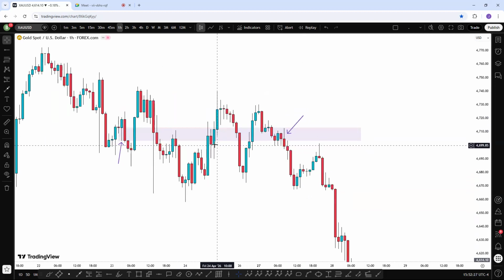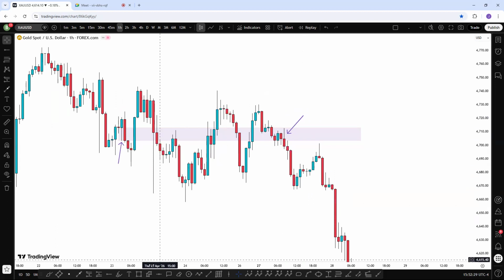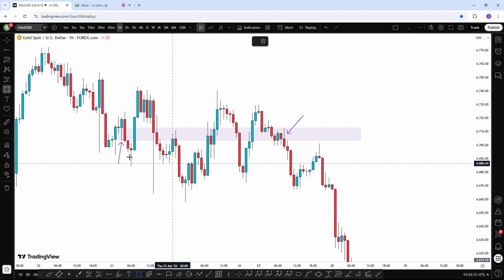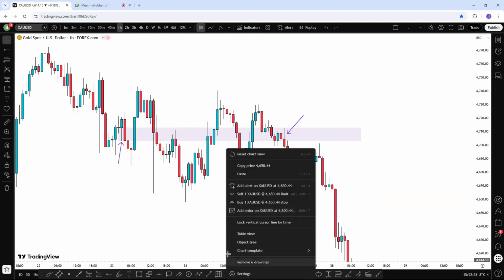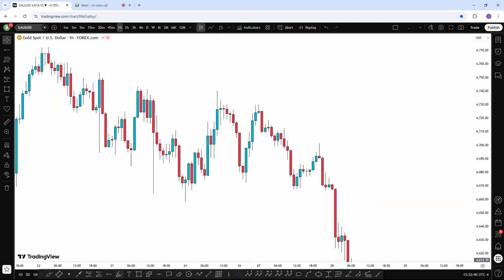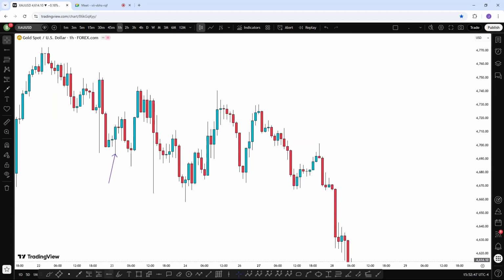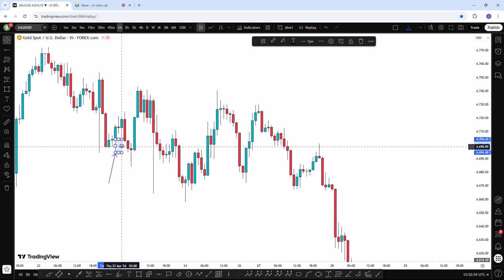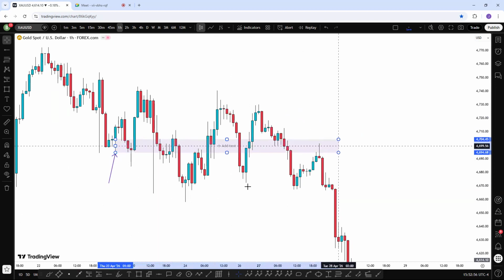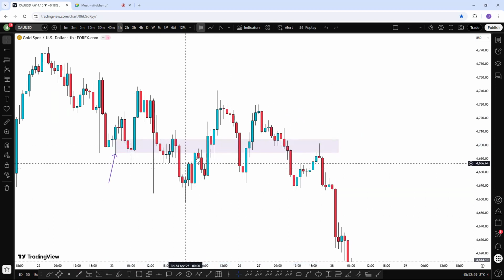Look at this area. Look at that area. For example, if you take this area again and you go to the left and you see the manipulation forming, then if you mark the zone, you can see what was going on.